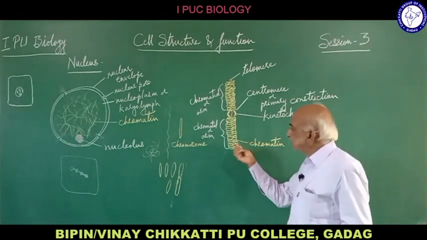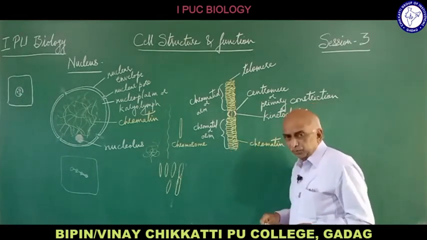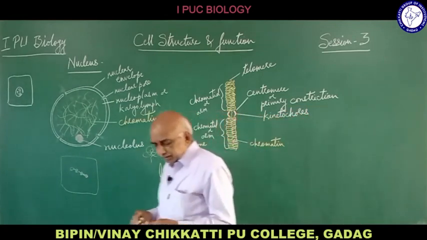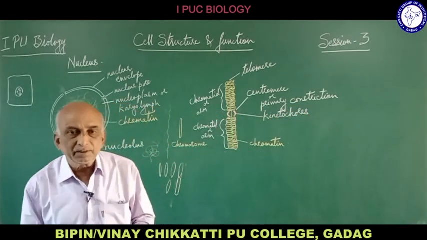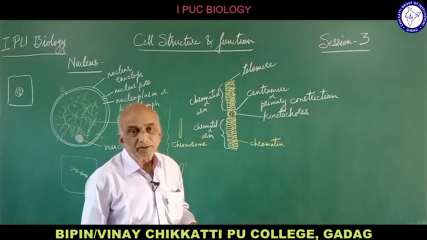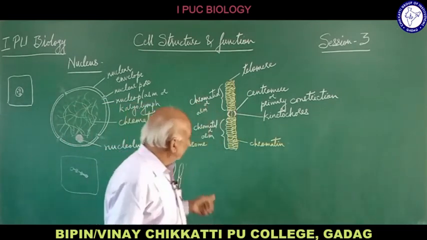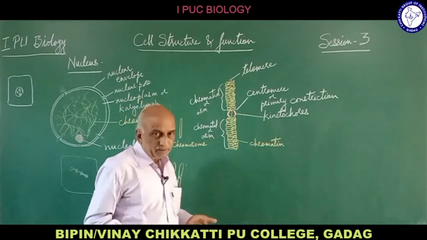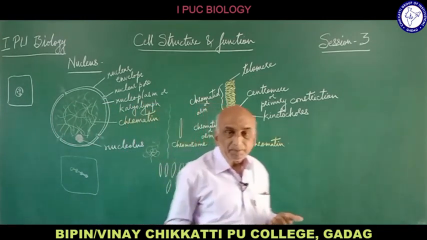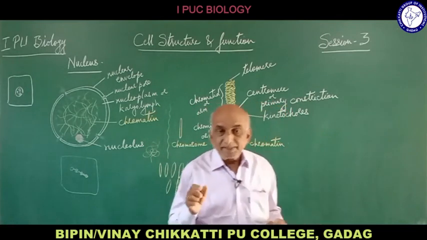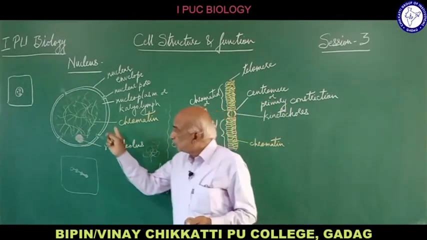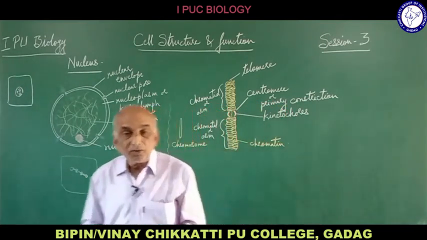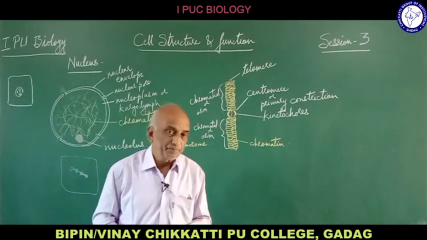Now that is about the chromosome. Now some more extra information about chromosome. Now the length of a chromosome may change again. In a single cell, though there are many chromosomes, all the chromosomes will not be equal.